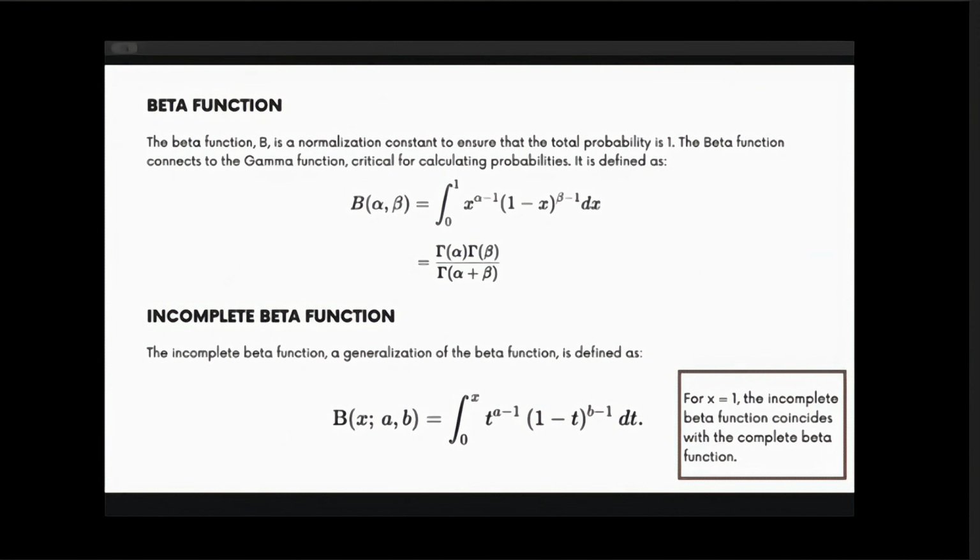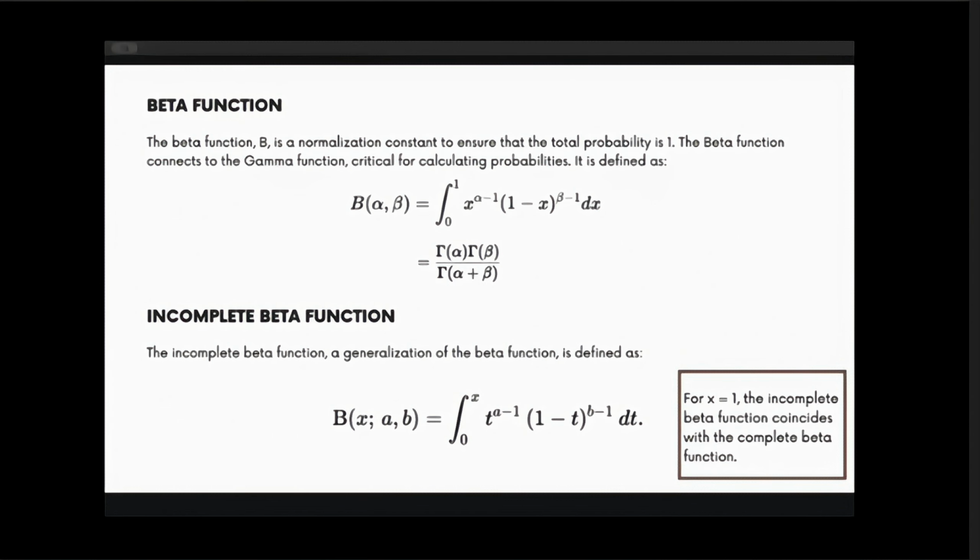The incomplete beta function, denoted as B_x(alpha, beta), generalizes the beta function, and this function calculates the area under the curve of the beta distribution up to a point x. The regularized incomplete beta function, denoted as I_x(alpha, beta), is a scaled version of the incomplete beta function.